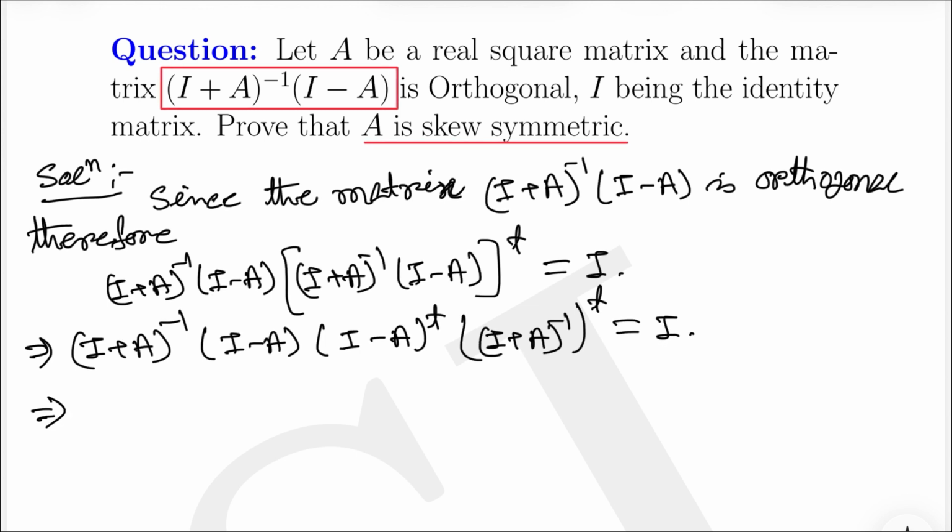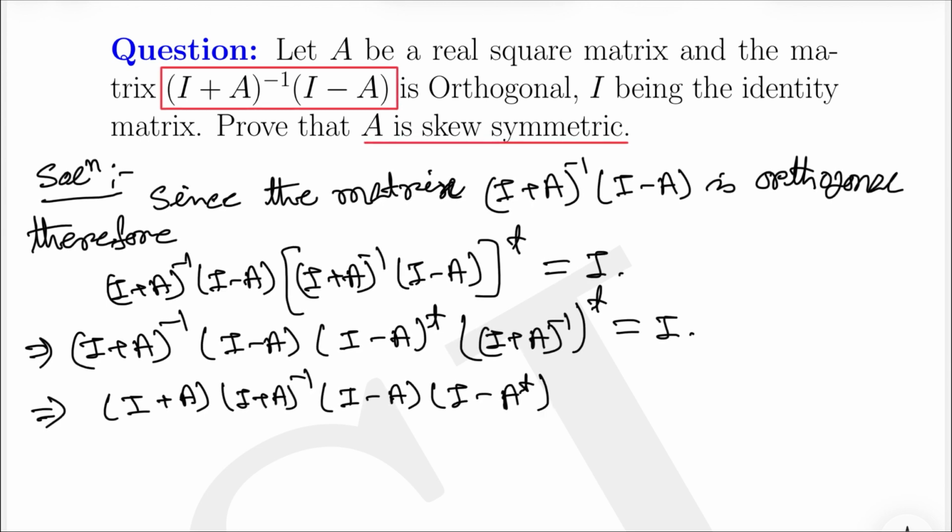Now multiply (I plus A) from the left side, so we will get (I plus A) into (I plus A) inverse into (I minus A) into (I transpose minus A transpose) into ((I plus A) transpose) inverse, equal to (I plus A), because we multiplied (I plus A) from the left side.